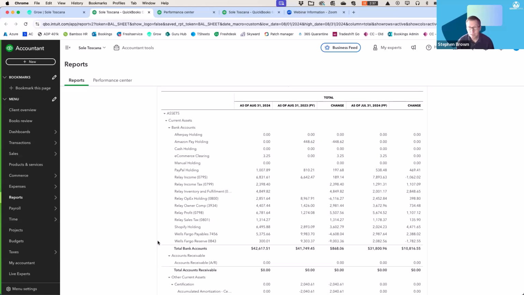Am I tracking holding accounts? It is not uncommon that we'll go into a customer in the process of getting access to the information, and we'll find, oh, you have this huge balance in your PayPal account or your Amazon Pay account, because you don't have auto deposit turned on.